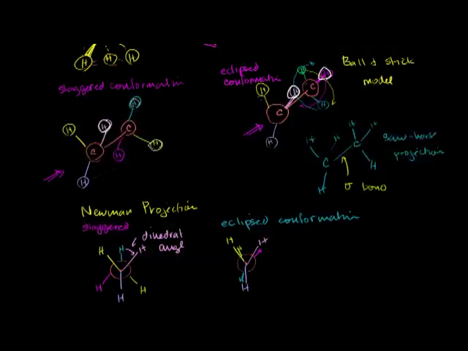So in general, the staggered conformation is going to be more stable. It's going to have a lower potential energy. You can imagine that if you start with an eclipsed conformation, these guys all want to get away from each other. It's kind of like this is the wound conformation. It has higher potential energy. So it'll want to unwind to a staggered conformation, because in this conformation, all of the hydrogens have gotten as far away from each other as they can get.